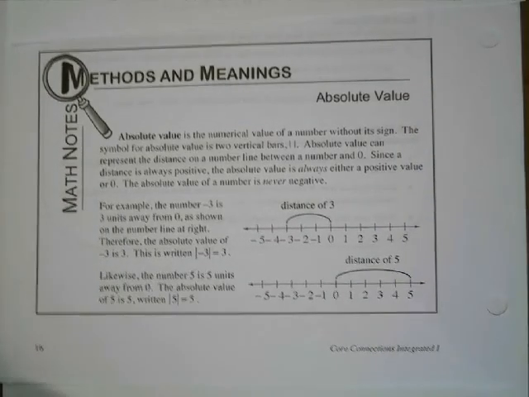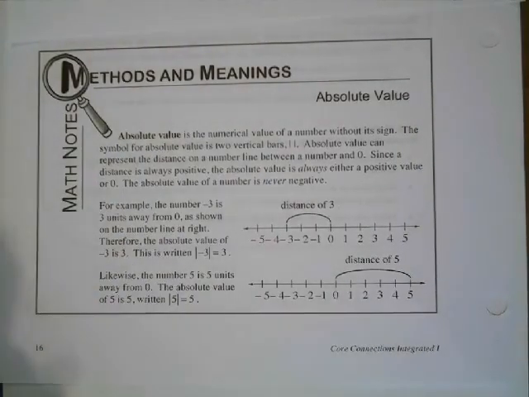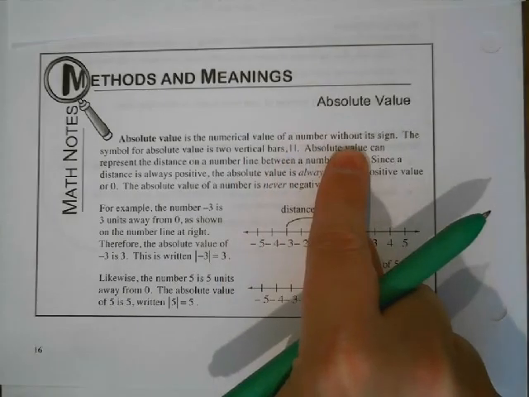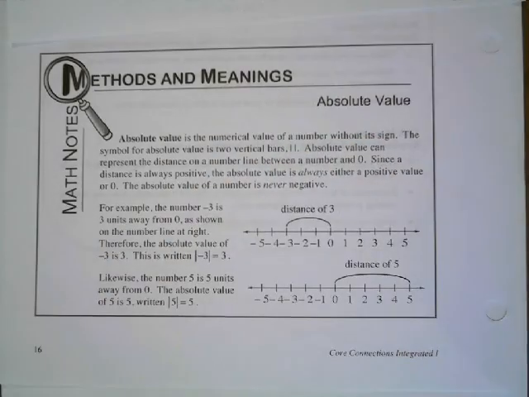Now, absolute value, as we saw in that last problem, is when we always get a number that is positive. The reason why is that the absolute value is the numerical value of the number without its sign. It's talking about the distance from 0. And anytime you measure distance, you always measure with positive numbers, like forward 3 feet is still 3 feet, and backwards 3 feet is still a distance of 3 feet.